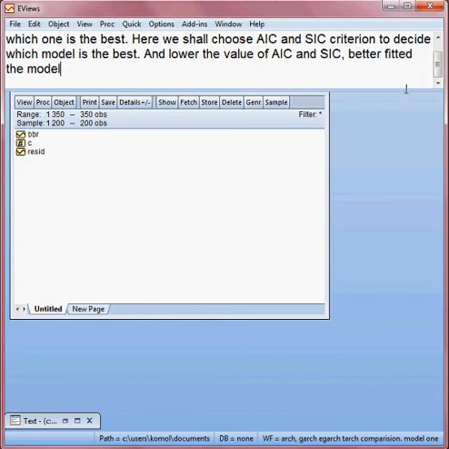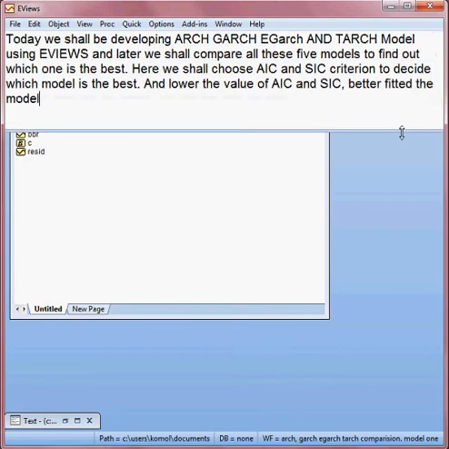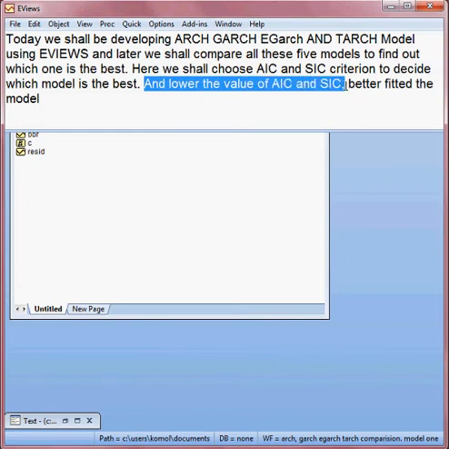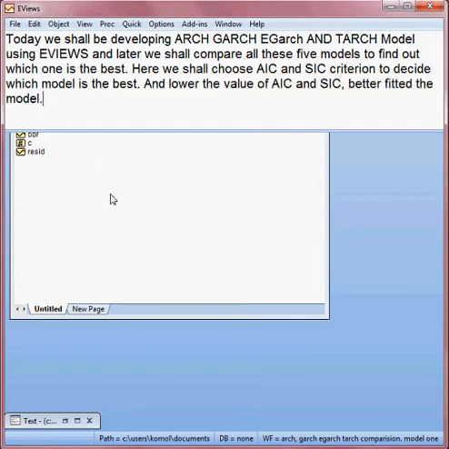So that is our guideline. That means the lower the value of AIC, the better the fitted model. Okay.